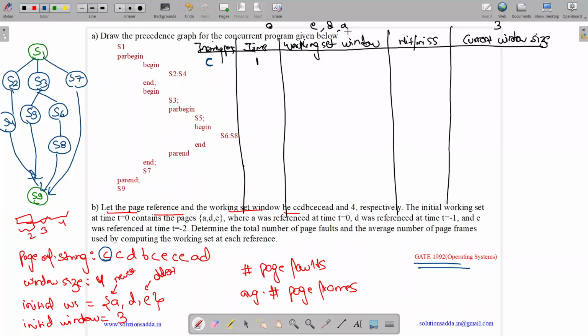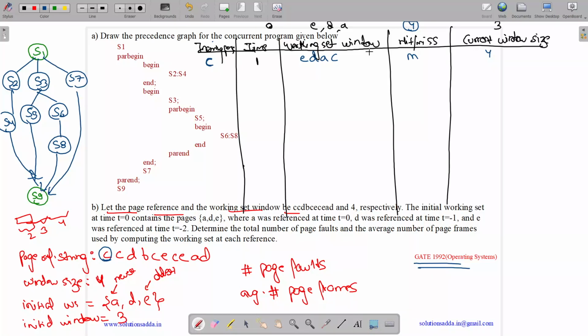We have E, D and A. Its size is 3 and the max size it can go is 4. Can we accommodate one more? Yes. So we will have E, D, A and C. Whether it is a hit or a miss, it is a miss. M represents a miss. The current window size comes out to be 4.